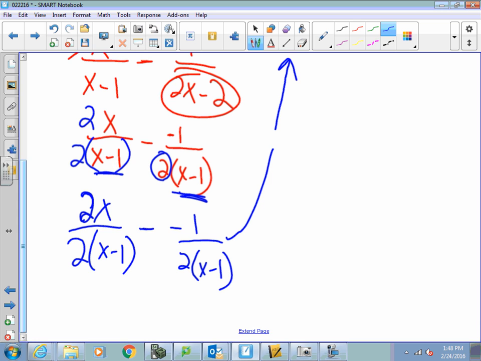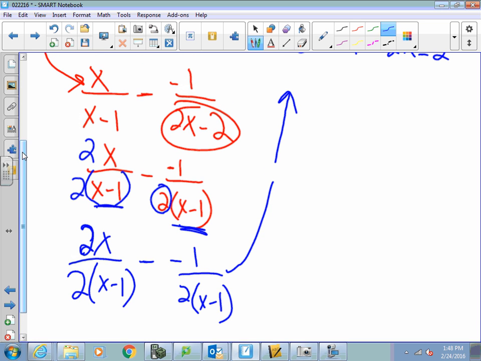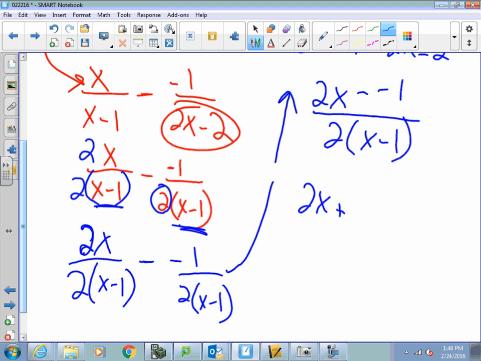So this is going to be now 2x minus a negative 1 all over 2 times x minus 1. So this on top is going to give us 2x plus 1 over 2 times x minus 1.